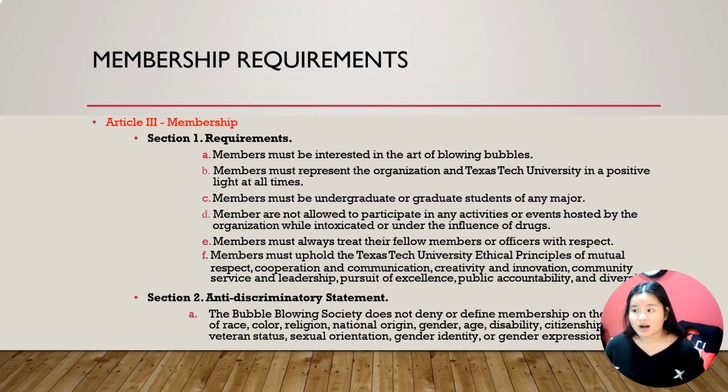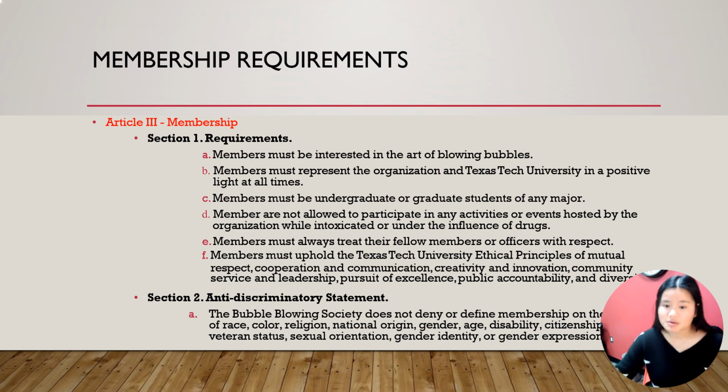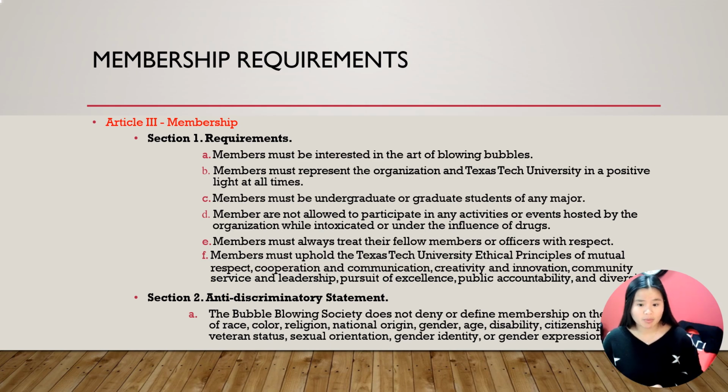The second requirement is membership requirement. So this is where you list out how an org member can become an org member and what are the requirements to maintain membership. So in this case, members must be interested in the art of blowing bubbles. They must present the organization and Texas Tech in a positive light at all times.